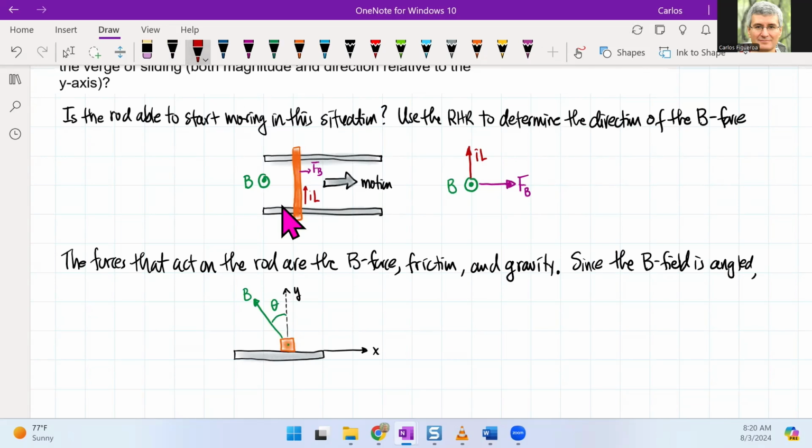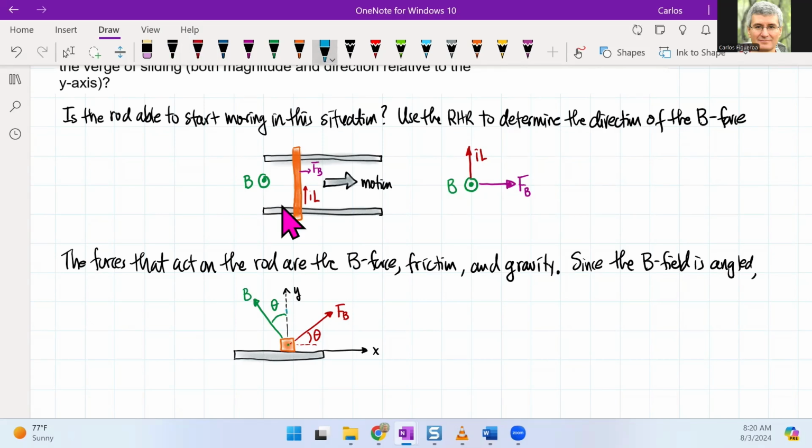The magnetic force then has to be at a right angle going like that. So this angle is also this angle; the angle of the magnetic field and the angle of the force are the same.